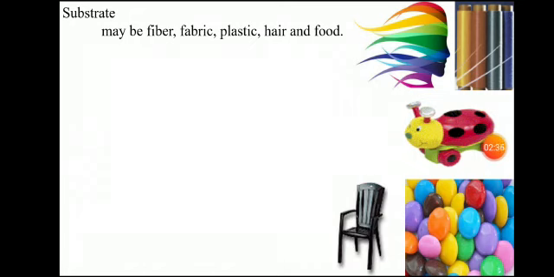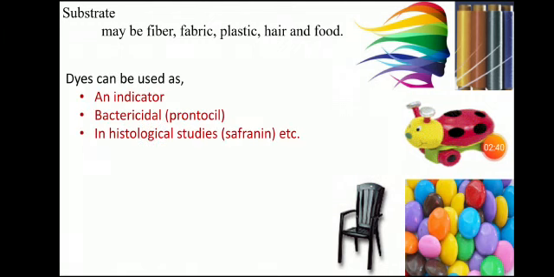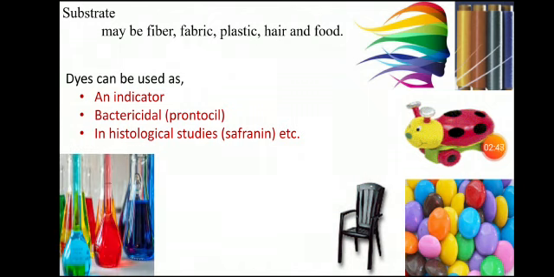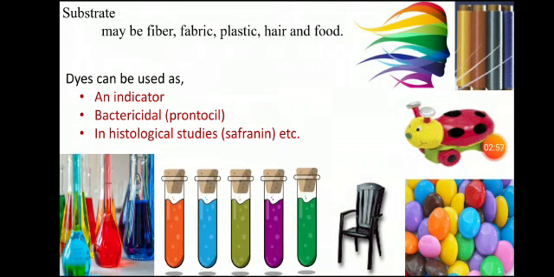We are using colors for many more articles. Apart from these, dyes can be used as indicators for titrations. Dyes can be used as bactericidal agents, for example Prontosil. Dyes can be used in histological studies. For example, safranin is used for histological studies.